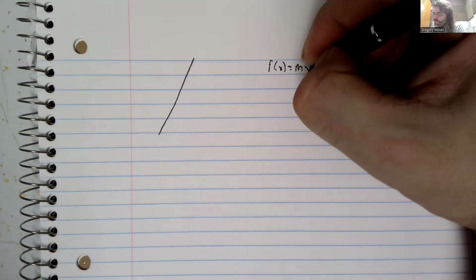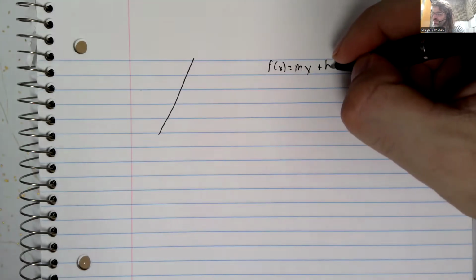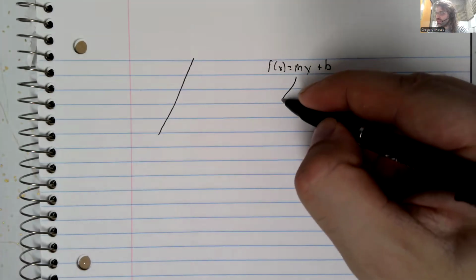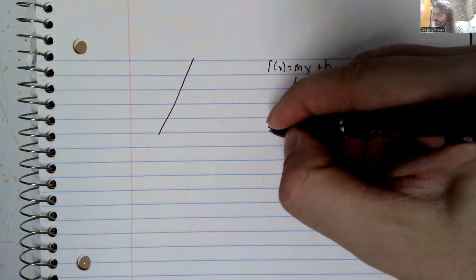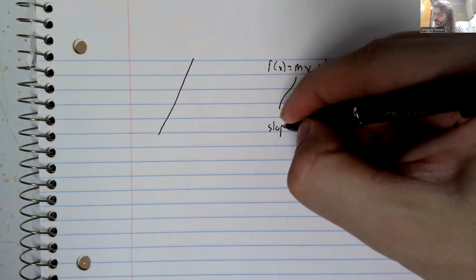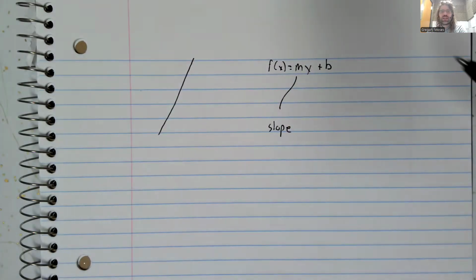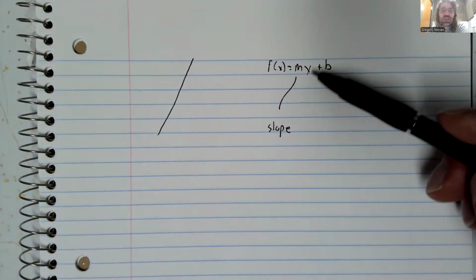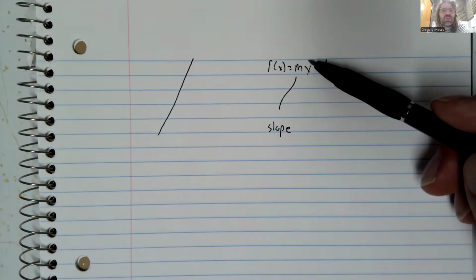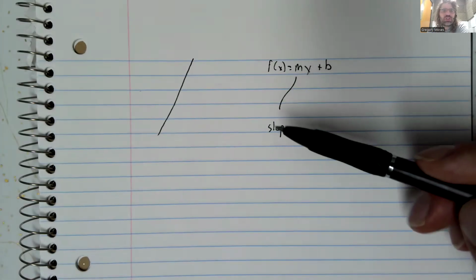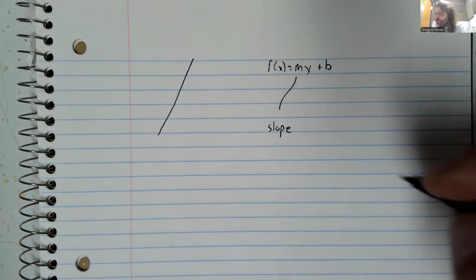It's given by this equation, y equals mx plus b, and this m is the rate of change, but we've also mentioned that it's sometimes called the slope.